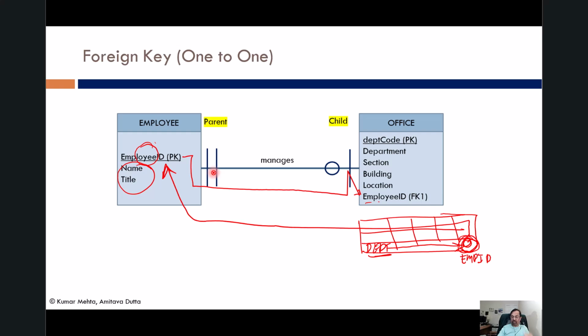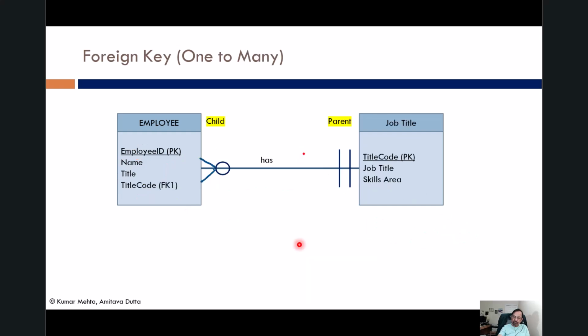So an office must have a manager, and therefore when I specify the attribute domain, one aspect of it, I would specify that this attribute cannot be null. Okay, and that would be the way to implement what you see in this picture. The picture tells a story, and you have to implement that characteristic of the business operation as part of the implementation. Okay. Now let's look at another example.